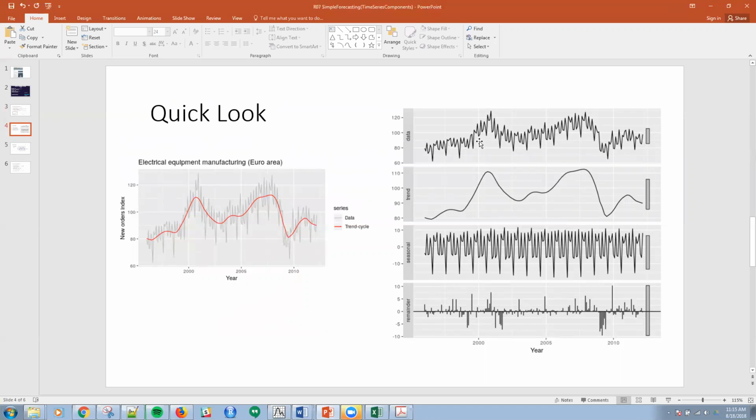This top panel is the raw data itself. And then R will let me break it down into a trend component, which is essentially the same thing that we're looking at over here. But then I can break things down into a seasonal component. So this is T, this is S, and then this is the remainder R in the series itself.